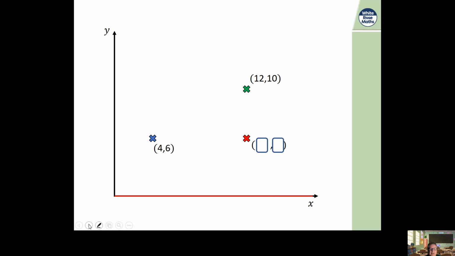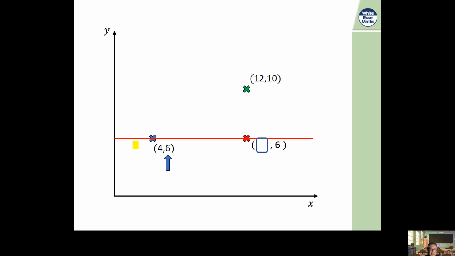So there's the x-axis. Would that one give us the information for the x? How about that one? Which one are you going to go for? Okay, so let's do the y first. 6.